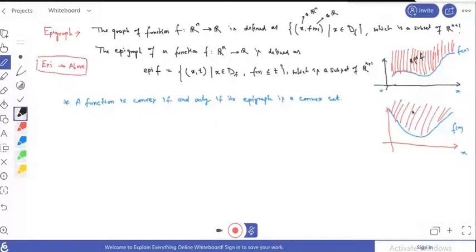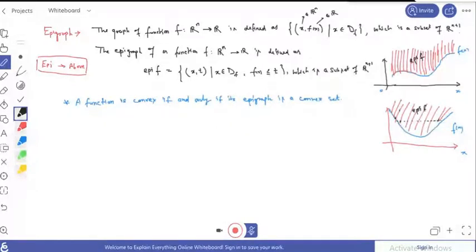So this remark says that if this region is convex, so if we join any two points and the line segment completely lies in that region, then this region is a convex set, and if this region is a convex set, then this function f must be convex.